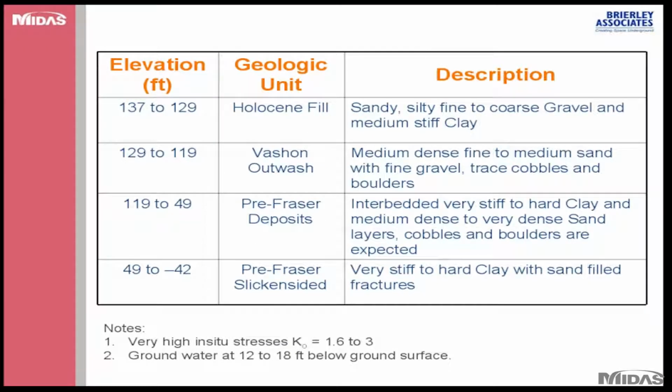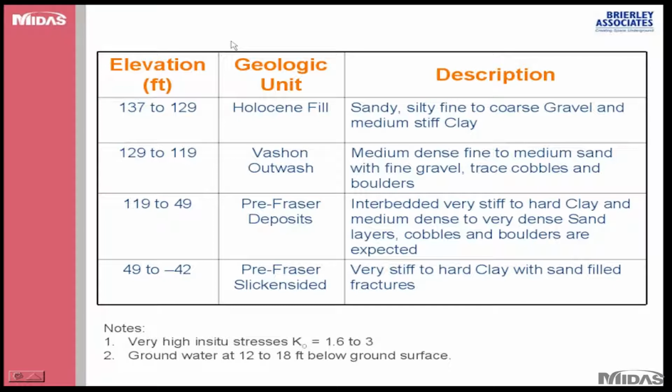Next, I will cover the geotechnical condition at the site. What we have here is about 8 feet of what's called the Holocene fill, which is mainly sandy and silty fine to coarse gravel and medium stiff clay.